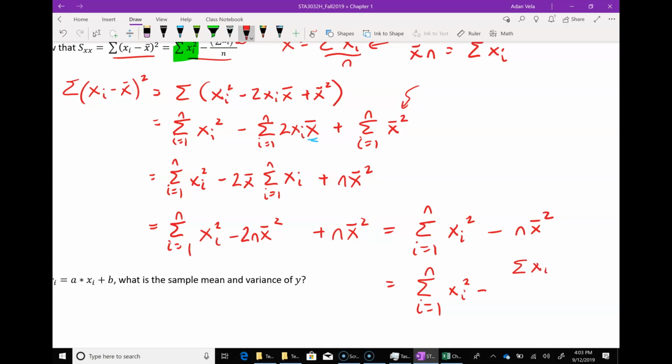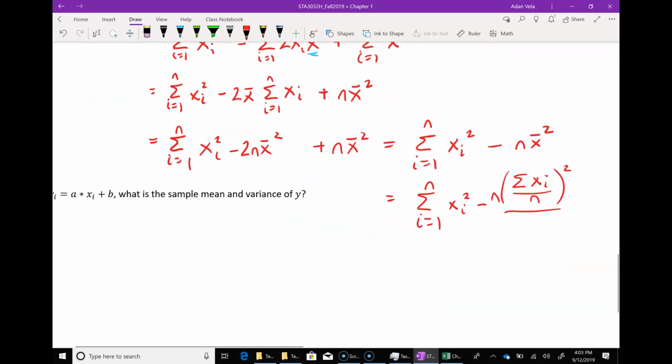It's the summation of xi over n, and now we're squaring the whole thing. Oh, times n, thank you. It did look a little funny. Times n. So what we're going to end up with is we're going to square this summation and square the n on the bottom. That means only one of the n's will cancel out, right? So then at that point, that gives us what we want.